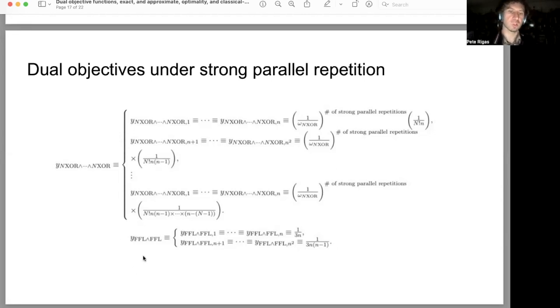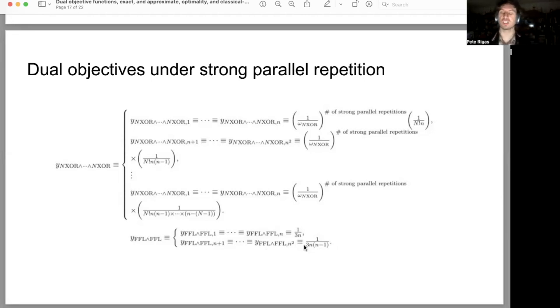And then even for strong parallel repetition of the FFL game, like we have been mentioning and alluding the attention of the viewer to, the optimal value of the game is invariant with regards to strong parallel repetition, namely that it's equal before and after performing the operation of strong parallel repetition.